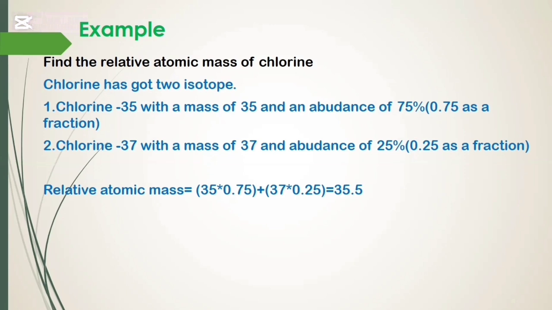Alright, then this value reflects the average mass of all chlorine atoms, considering their natural abundance. So by adding these two, we get the answer as the relative atomic mass, which is 35.5. So this 35.5 is the relative atomic mass of chlorine.